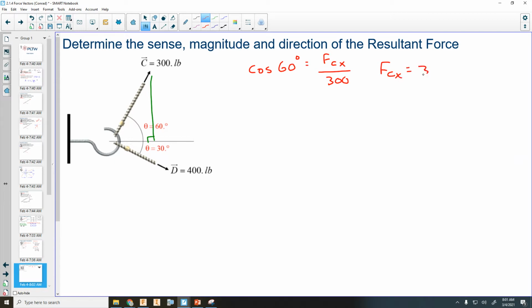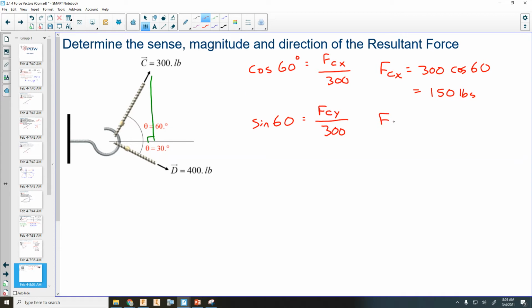So to solve that, the force of vector C in the x direction will be 300 times the cosine of 60. What do you get? 150. Okay, and the sine of 60, sine is opposite over hypotenuse, so that would be the force of vector C in the y direction divided by 300.